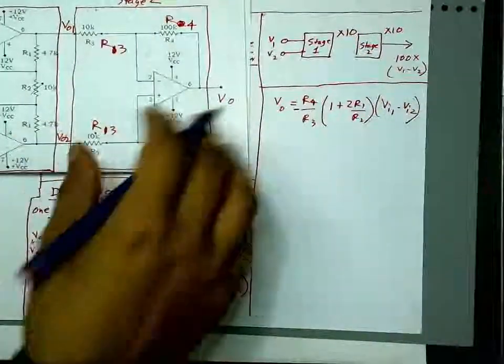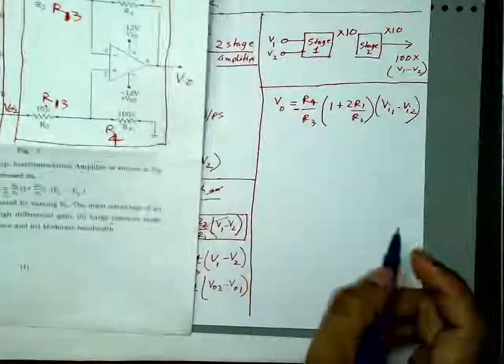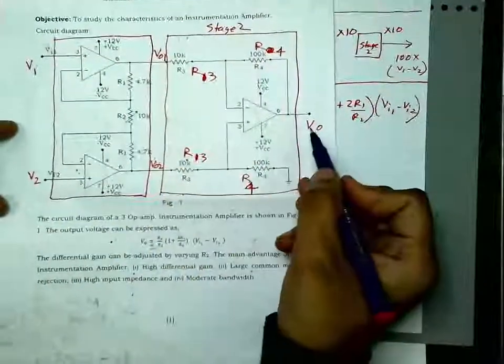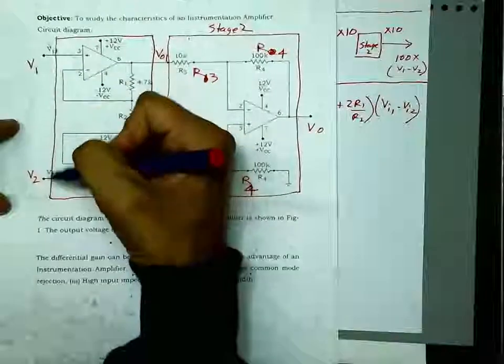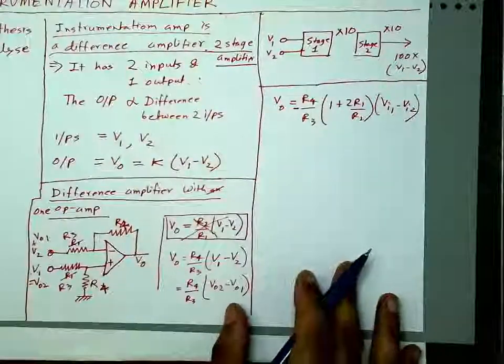As simple as that. So that's the equation relating this output versus these two inputs. It is very simple.